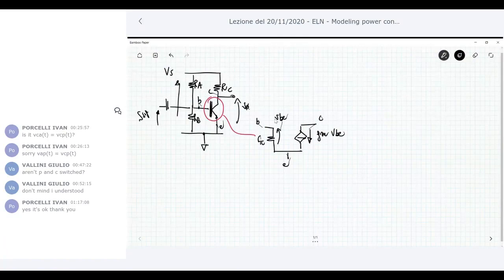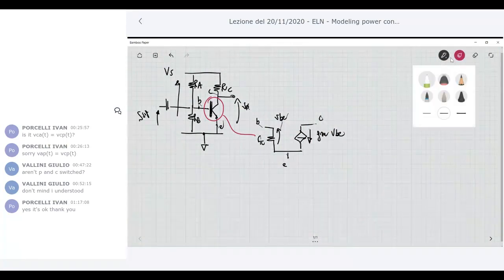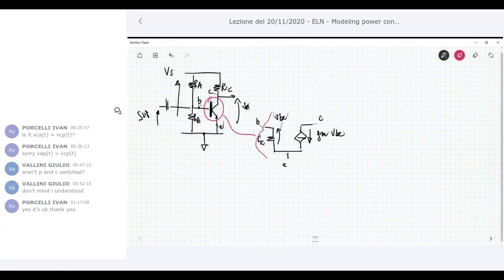Like this. And then when you find out this circuit here, finally you can re-include this circuit in your original circuit, you switch off your DC quantities, and then you analyze the circuits. Okay, this is exactly the same situation.